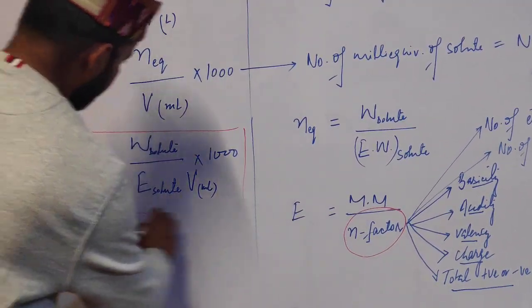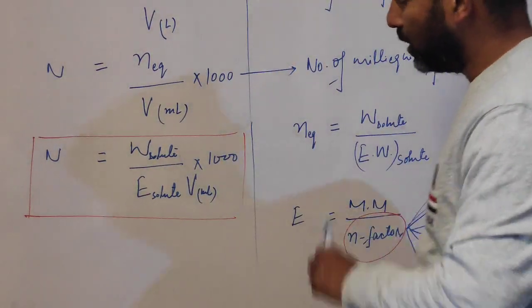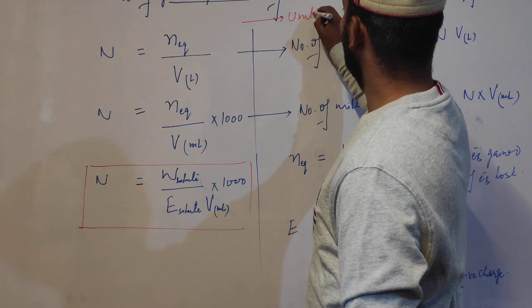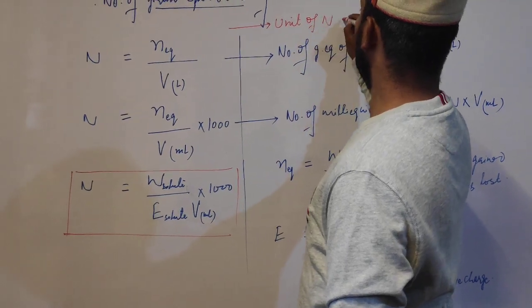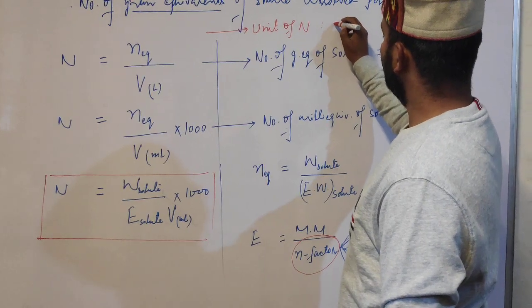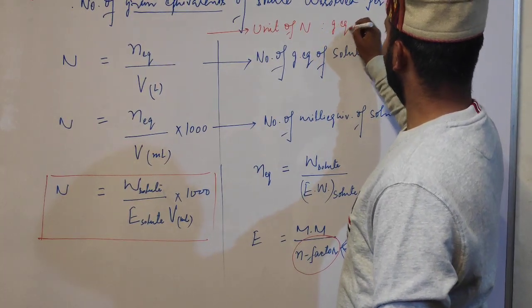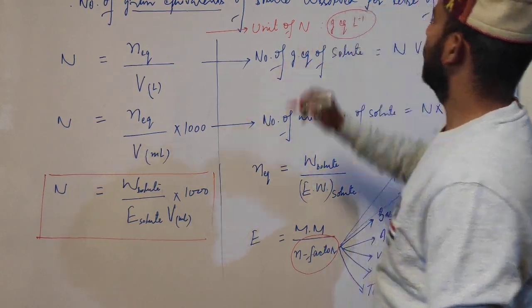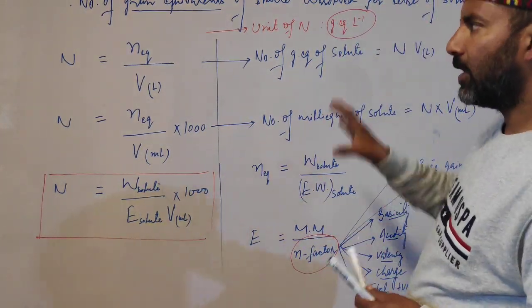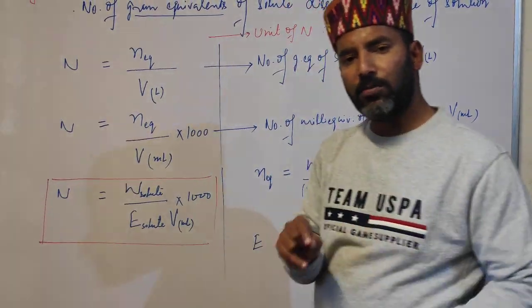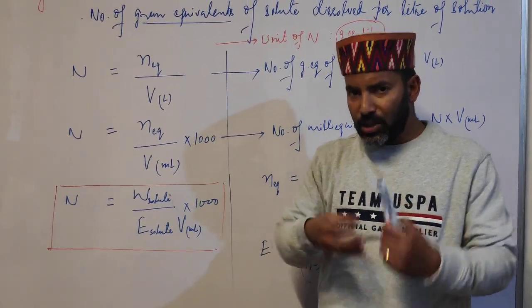Now there are some key points. First, what is the unit of normality? Students, the unit of normality will be gram equivalents per liter, or simply equivalents per liter. Another important thing about normality is that it depends on volume, and the volume of a solution changes with temperature.